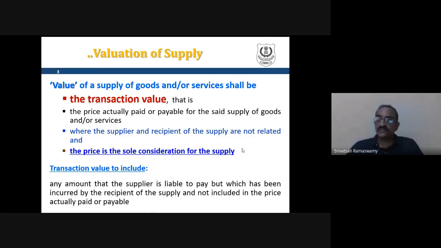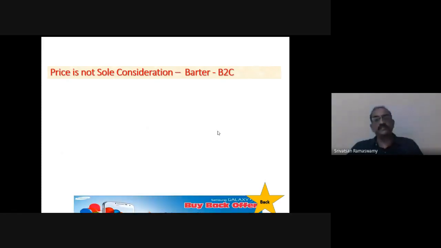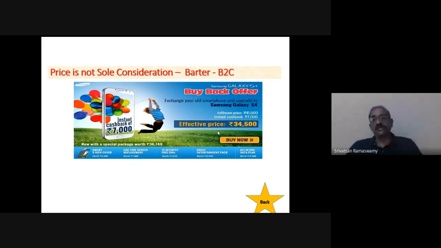What does this mean? See, there are certain situations. I will give you one example here, so that it might help you, right? Price is the sole consideration for sale. What happens here? Let us assume that you are trying to buy a Samsung mobile phone. It says that the cost of the Samsung mobile phone is 41,500 rupees, and there is an instant cashback when you exchange your old mobile phone.